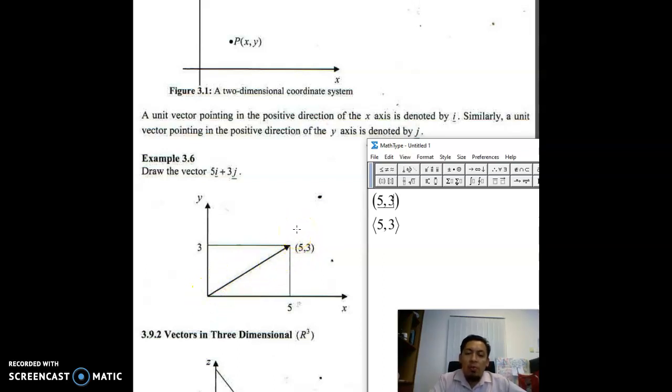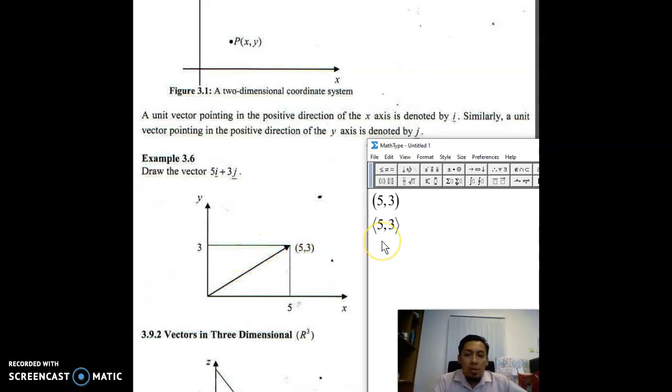The vector represents the difference on x and y. If you calculate from the origin 0, 0, the vector of 5, 3, where the difference is 5 and 3, should be at this point.